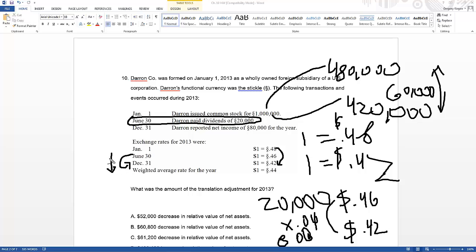Again, the delta here is 4 cents, and this 4 cents is affecting us, so we paid them an extra 800 because of the timing. So 1 and 2 together equal a decrease in relative value of net assets of 60,800.